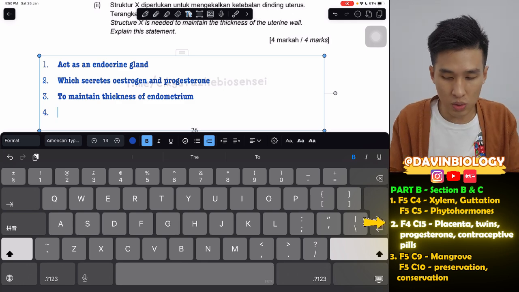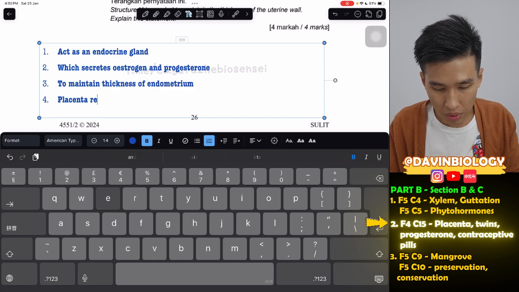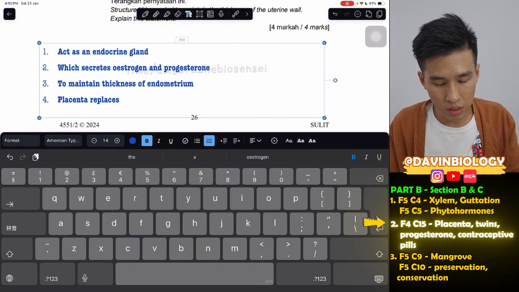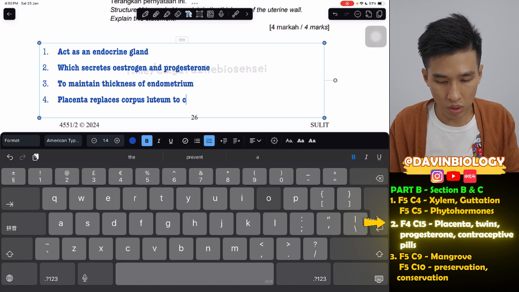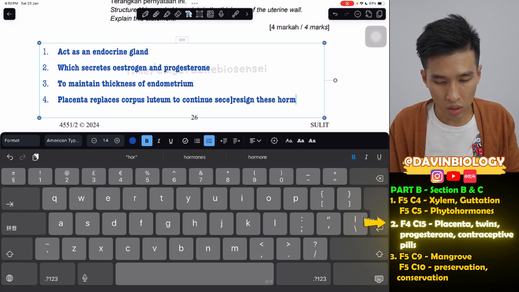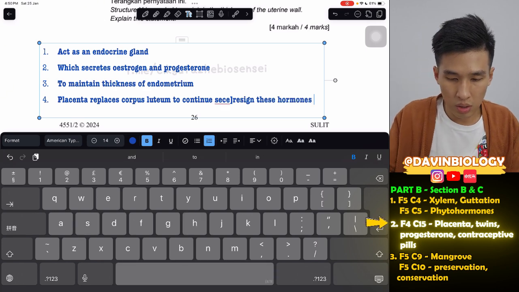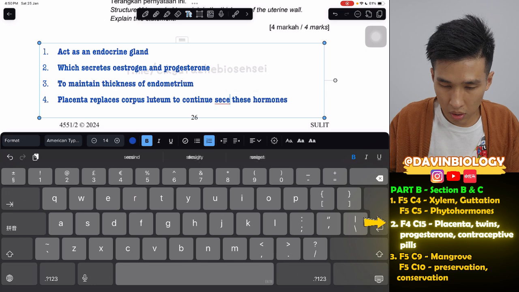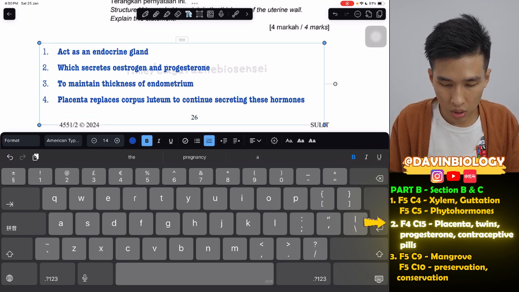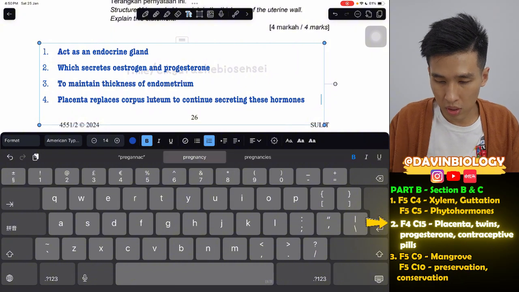So you can also say that the placenta replaces the corpus luteum to continue secreting these hormones during pregnancy.